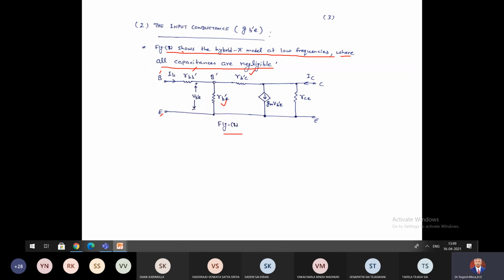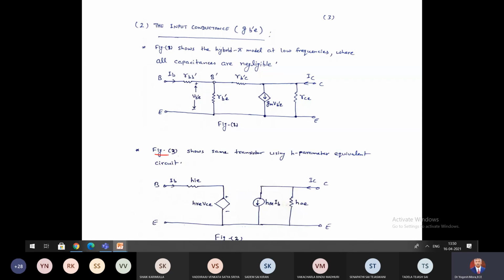Then this is R B dash C, also called the feedback resistance. Then here is the current generator GM VB dash E, and this is the resistance between C and E. This is IC. So exactly the same hybrid pi model I have drawn here, only I have removed the capacitances, right?